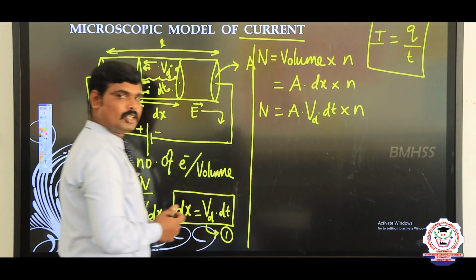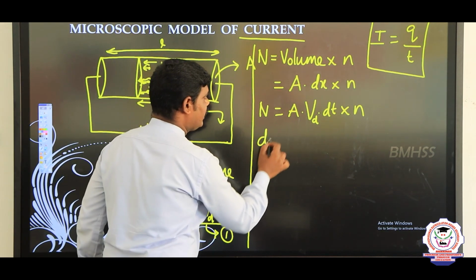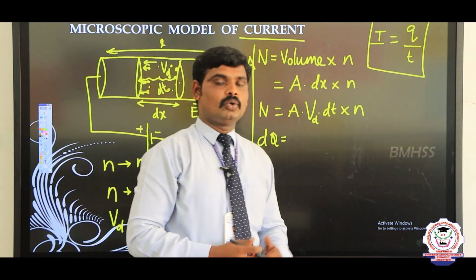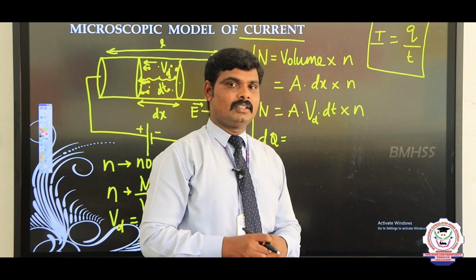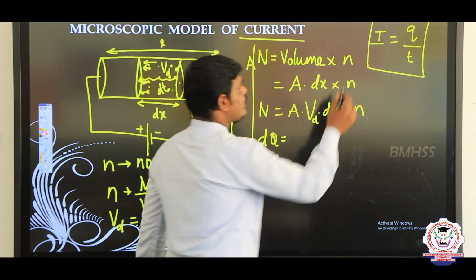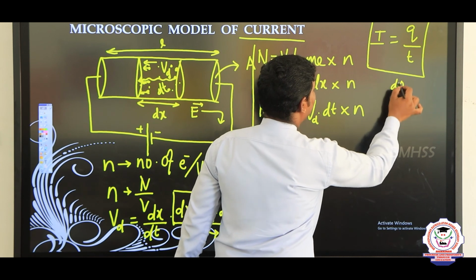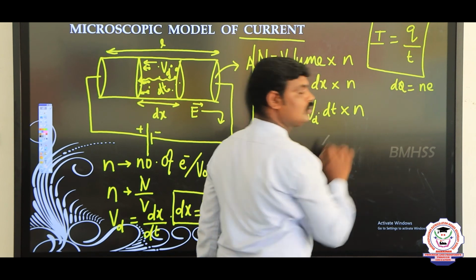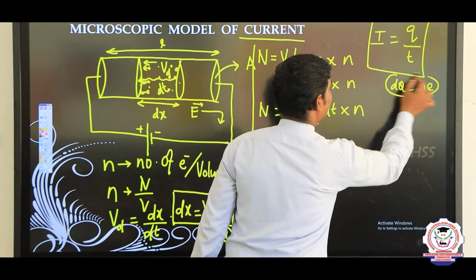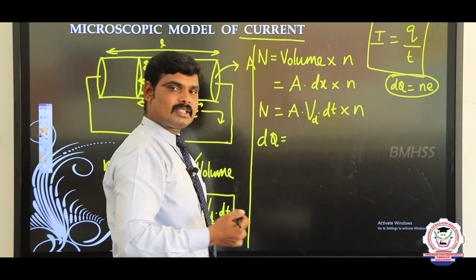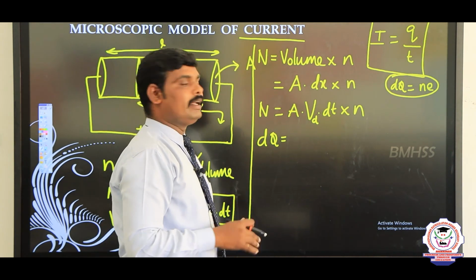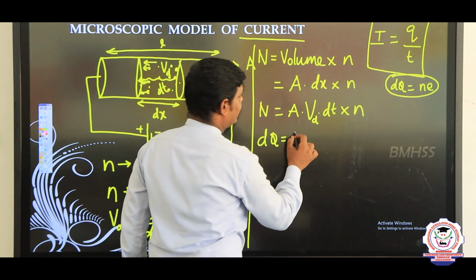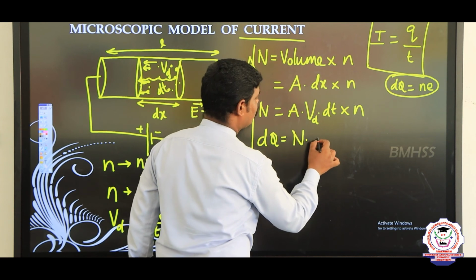The charge dq, according to the quantization of charge, which we studied in the first unit as a basic property of charge, is dq equal to N into e, the number of electrons into the charge.